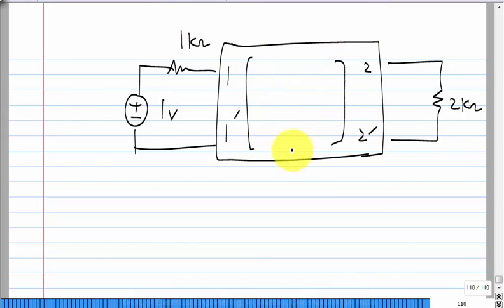Let's say the two port parameters happen to be given, you should be able to figure out what the voltage across the load is, and so on. So please try to do this. We will continue from there.